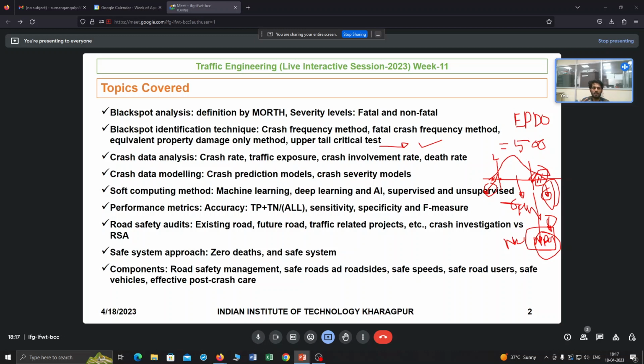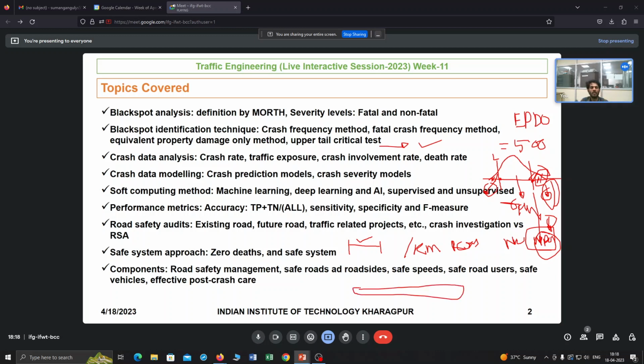So now you have crash data, right? You know how many crashes have occurred at different places and different times. So what do we mean by crash rate? Crash rate means the number of accidents occurred, suppose per kilometer of road. Suppose you have a small segment and you want to calculate the number of accidents per kilometer, because you have a road network.